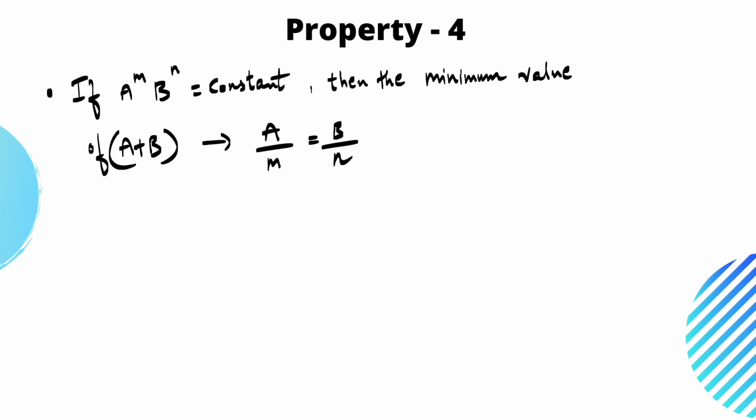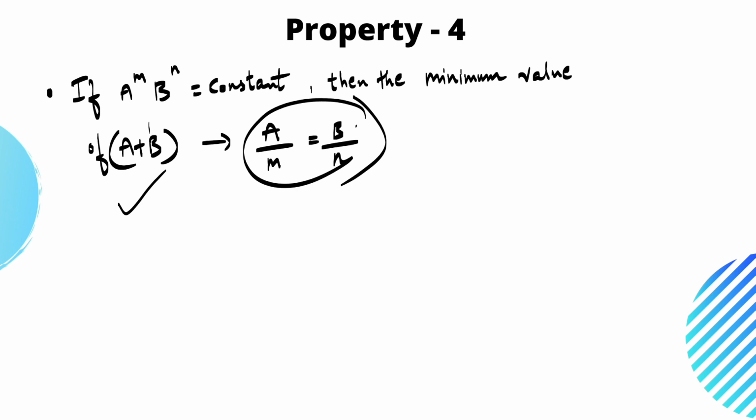Let us move on to the fourth property, which is if a power m into b power n is a constant, then the minimum value of a plus b is when a by m is equal to b by n. So when this is possible, we will get the minimum value of a plus b, right?